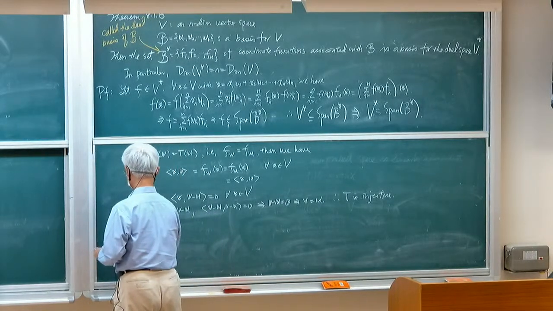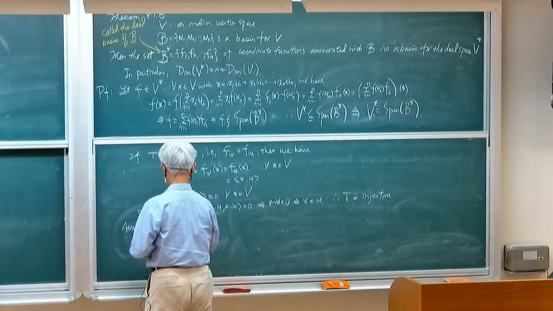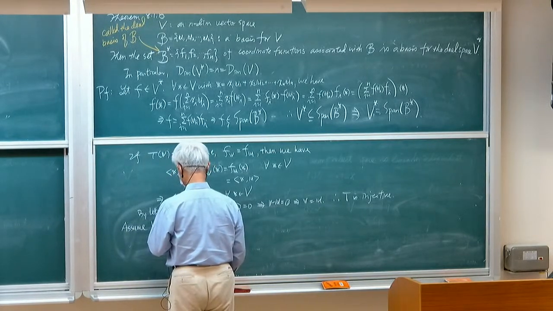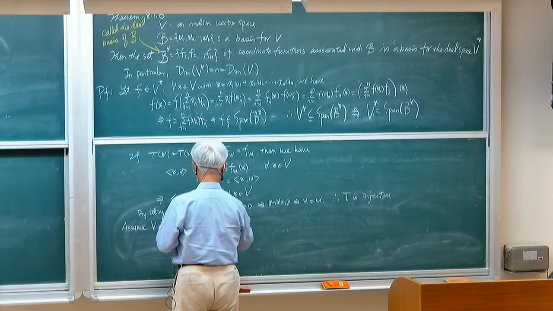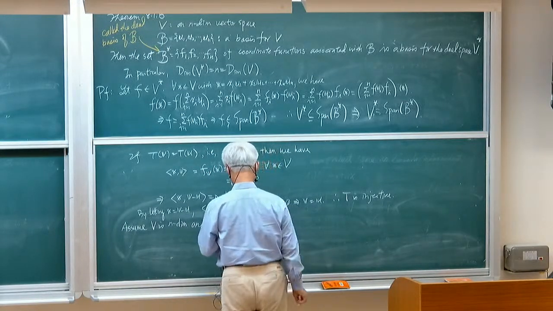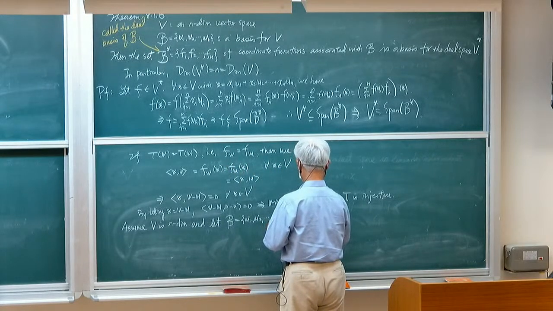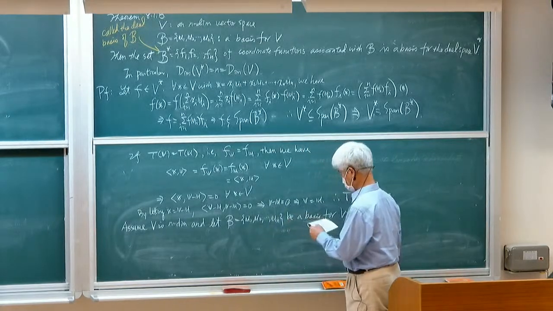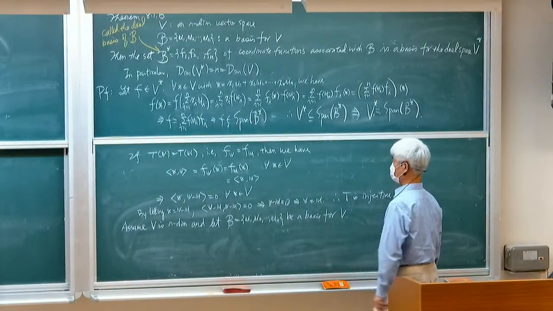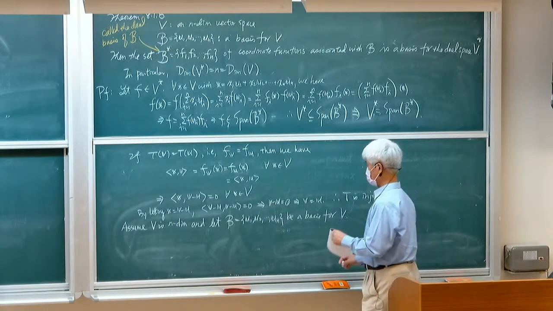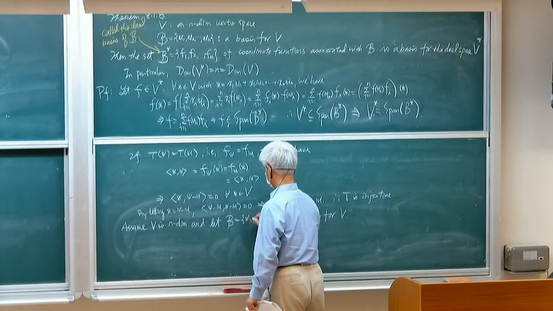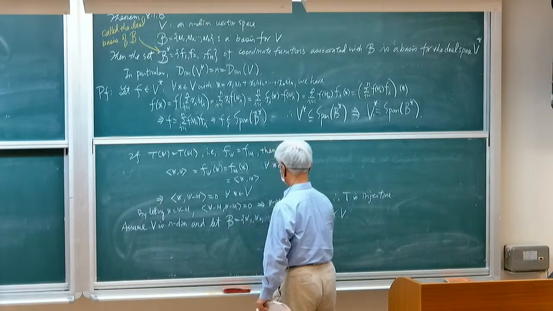So now we assume V is n-dimensional, and we let B, u1, u2 up to un be a basis for the inner product space V. Probably I should use v, maybe better: v1, v2, vn.